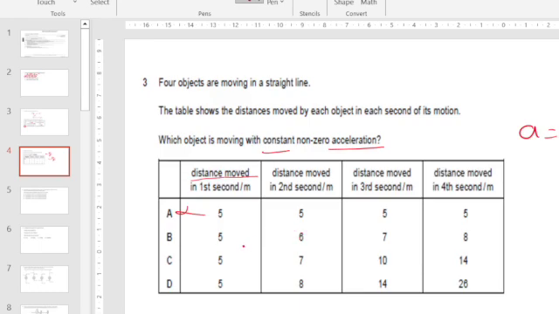So velocity changes by 6 minus 1 by 1, v1, and 7 minus 6 by 1, v2, and 8 minus 7 by 1, v3. So the velocity is uniform and hence it maintains a constant non-zero acceleration. Option B is the correct option.